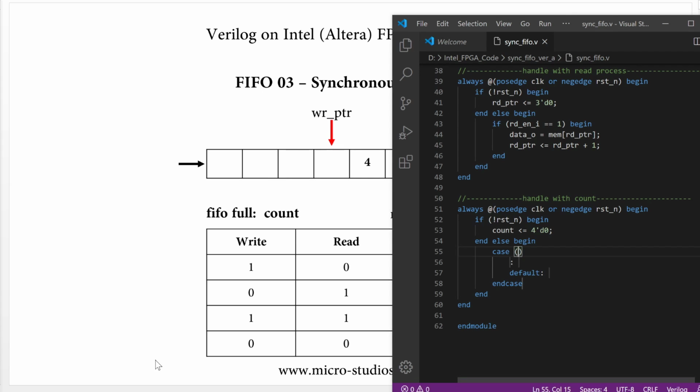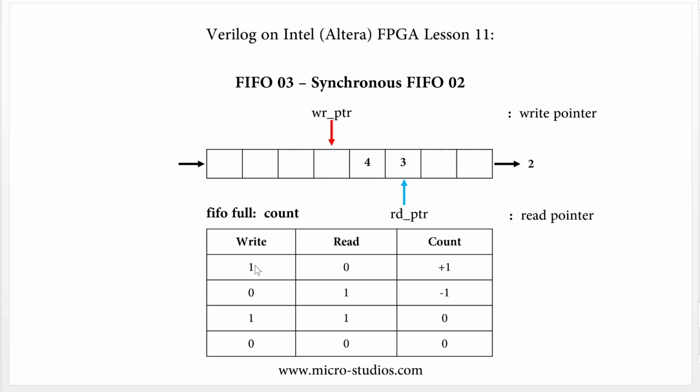So we combine the write enable and read enable together, and then we will have the condition like here is 2-bit 10. Take a look here, 10 is 2-bit. Then the count value will increase by 1, right?